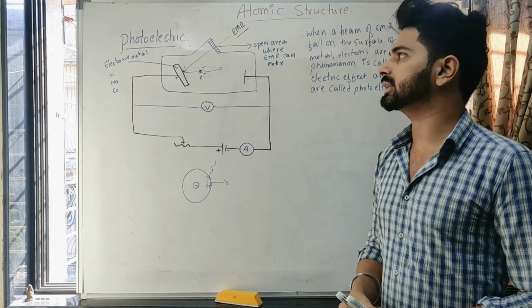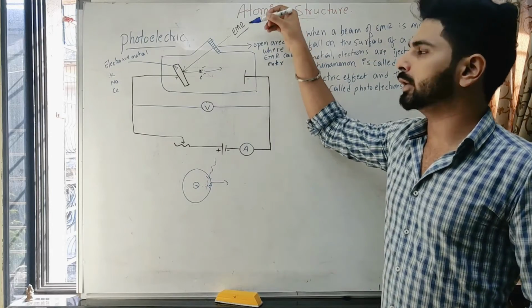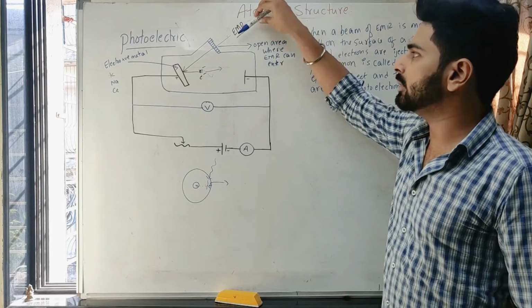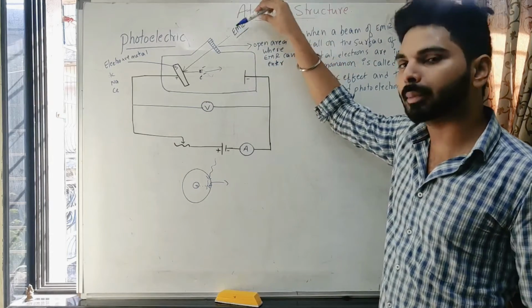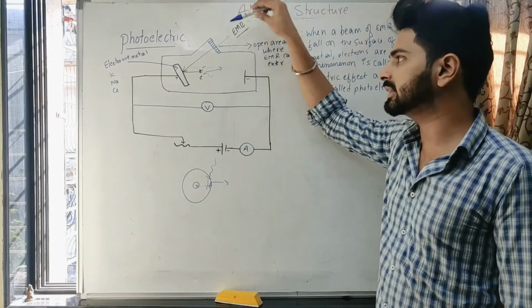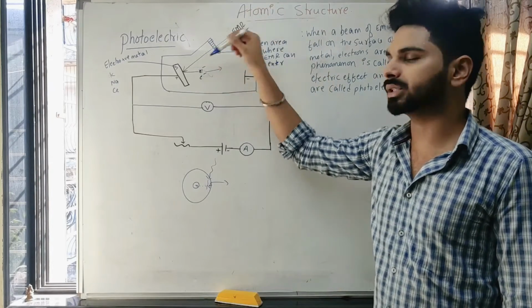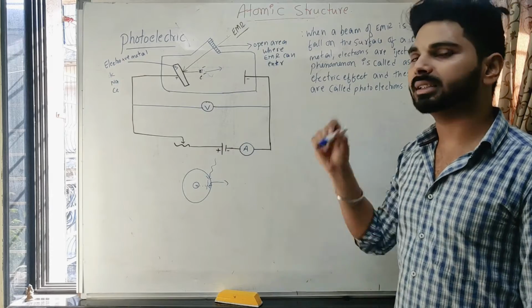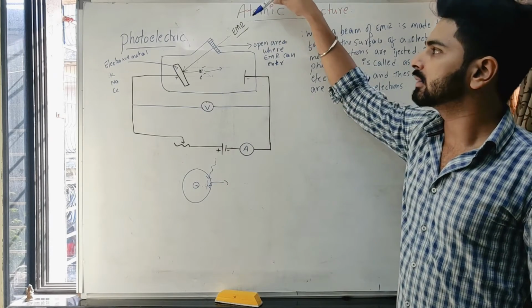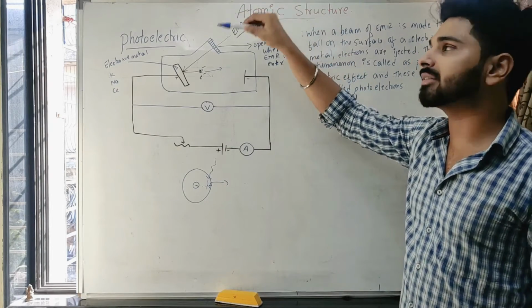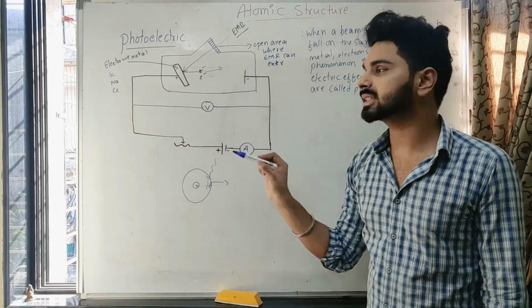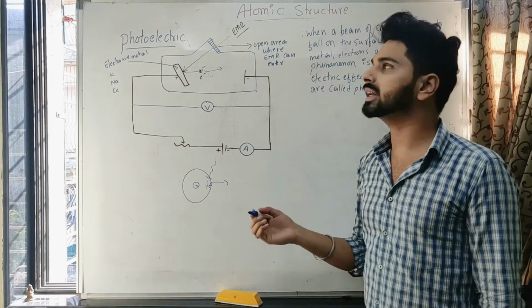For example, in one case I just supplied electromagnetic radiation having just the energy needed to eject the electron, and in the other case I supplied radiation having excess energy than required.